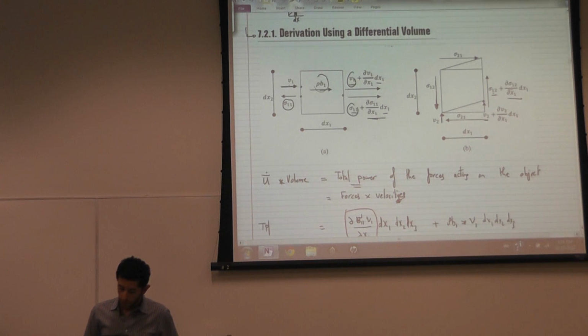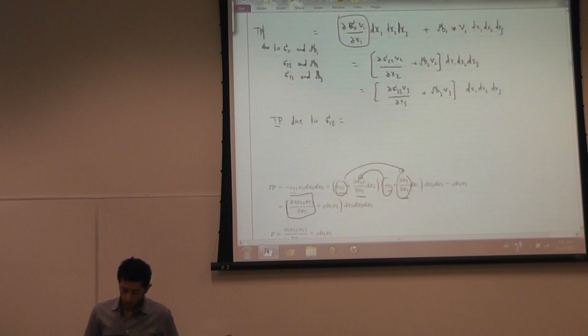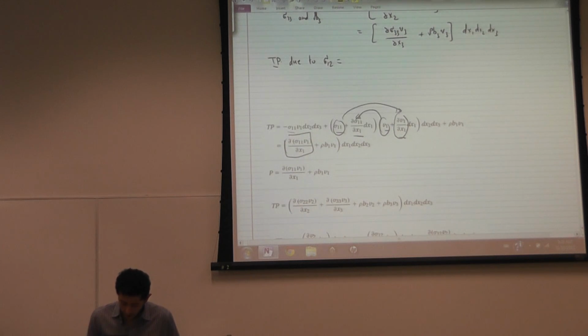So you are going to get partial sigma 1,2 v2 by partial x1, and this is multiplied by dx1, dx2 and dx3.